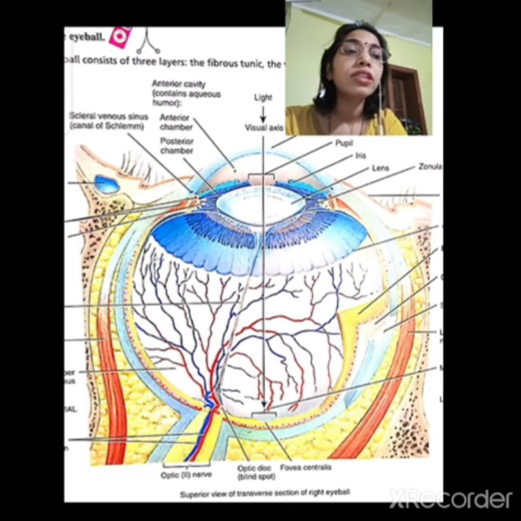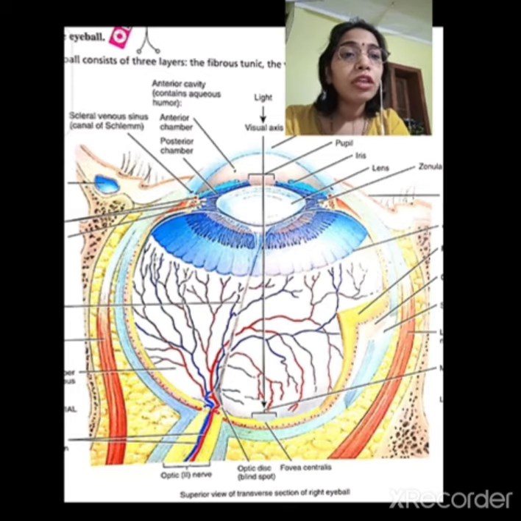What happens in albinos is that there is a lack of melanin. That's why they don't have any skin color, like we have different skin colors, whitish, fair, and so on. So albinos lack melanin, including in the eye; they don't have melanocytes in the eye, which absorb the light.